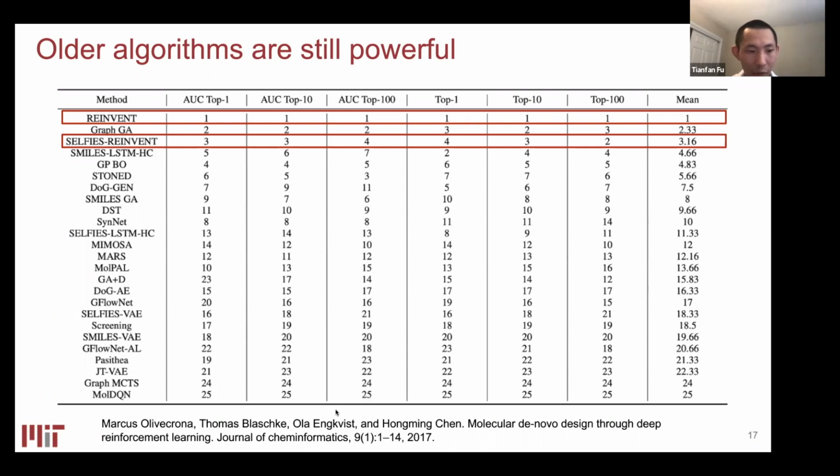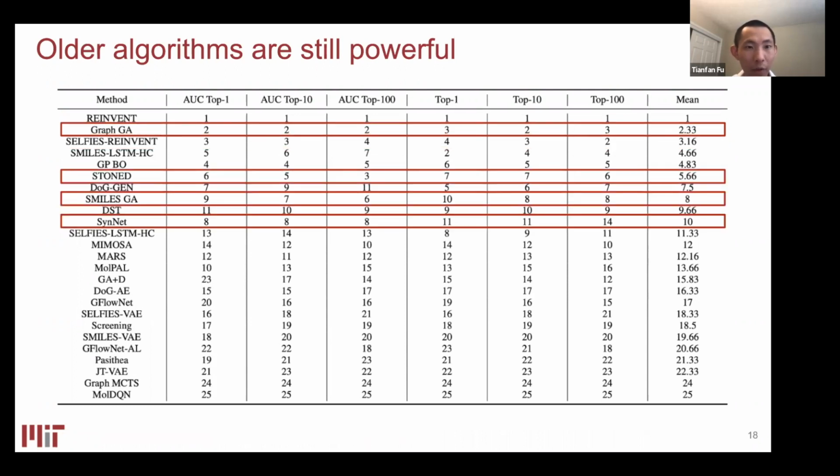REINVENT is a reinforcement learning method which uses SMILES strings as a representation and a simple recurrent neural network as a generator, and trains the recurrent neural network with policy gradient. It was proposed in 2017, so it's a relatively old algorithm in this area, but it still performs very well.